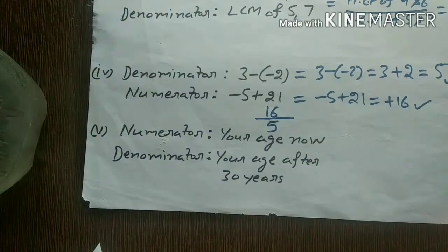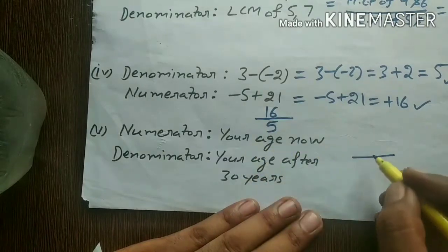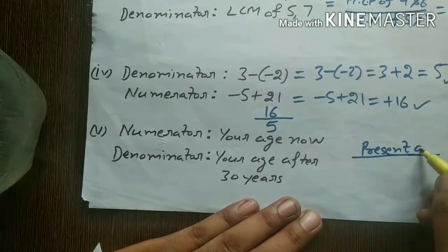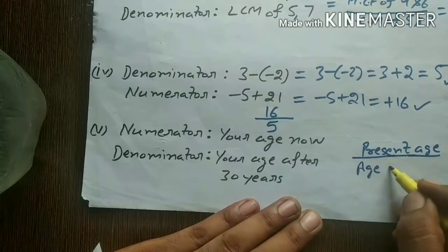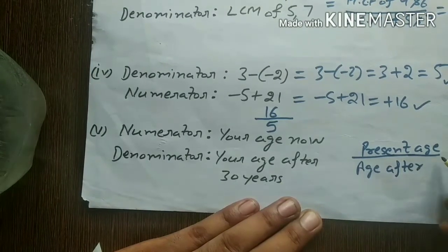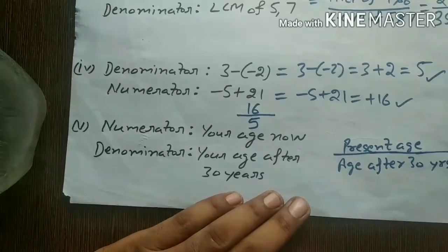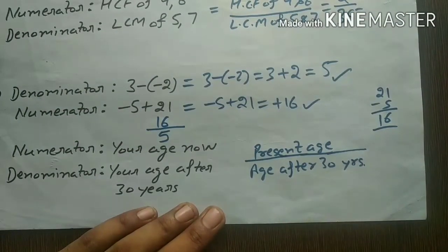Okay student, if your age today is 12 years, now I will write present age in numerator and the age after 30 years in denominator. Now I take the example of this student. Just an example, your age may vary. You can solve this sum as per your age.